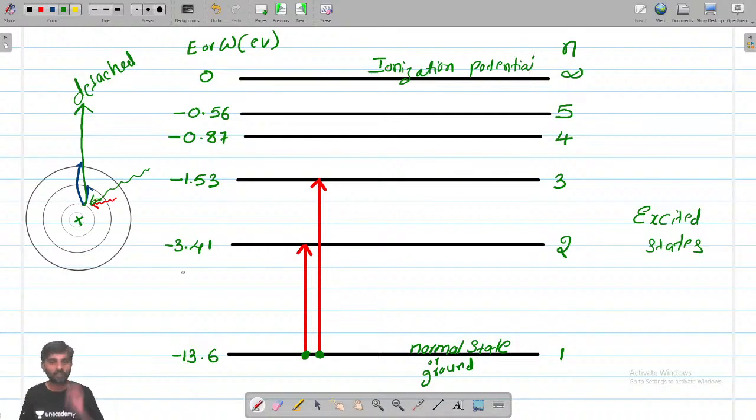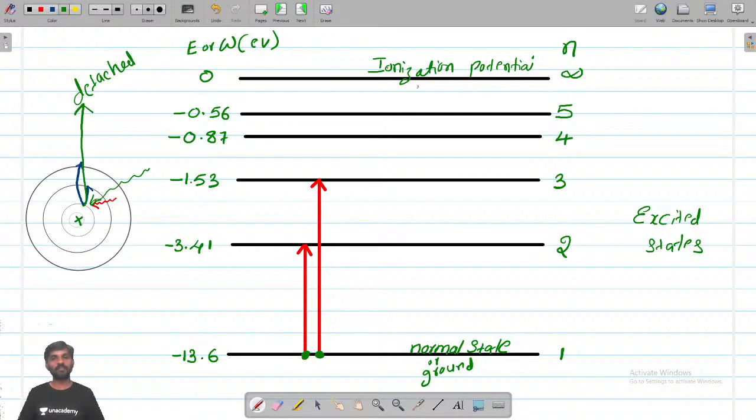So what is the definition of ionization potential? The energy required for the electron to completely detach from the atom is called ionization potential. So if you look at here, what might be the energy required for the electron to go to zero?